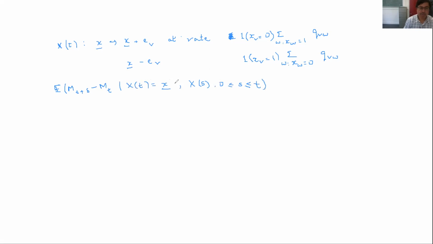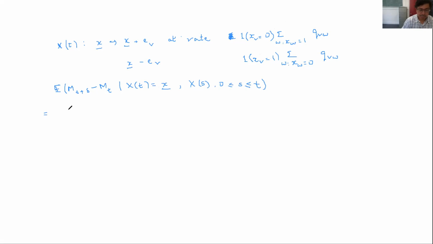All that matters was that XT equals X. And the change in expectation is, okay, for a given vertex V, it's pi V times either this sum, if XV was 0, or it's minus pi V times this sum, if XV was 1. And then we are summing over all vertices.